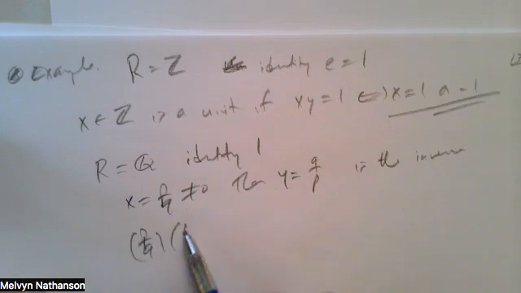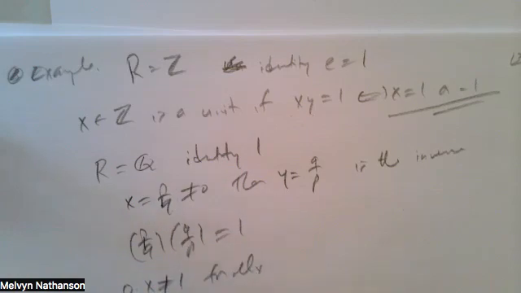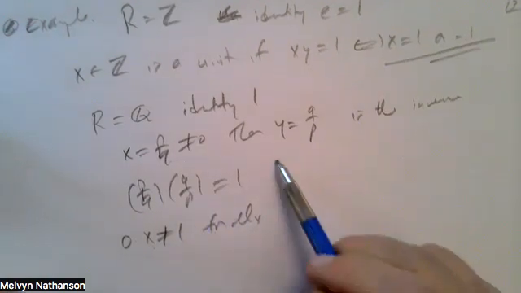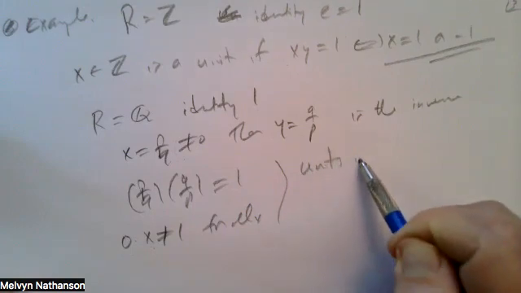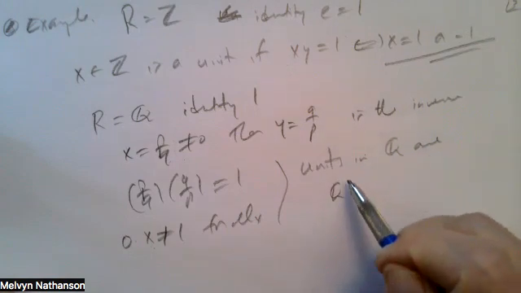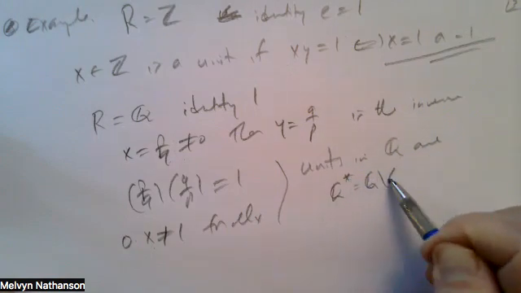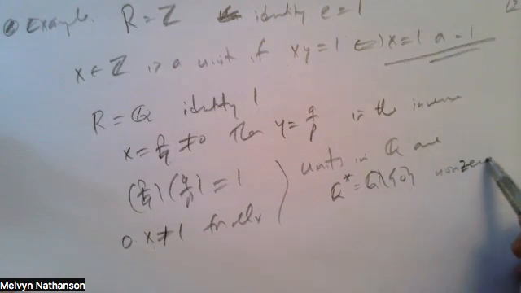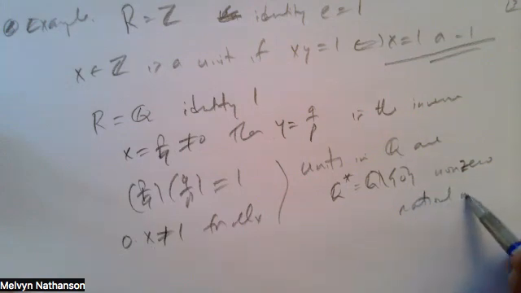So P over Q times Q over P is 1. But for X equals 0, 0 times anything is not equal to 1. You can't multiply 0 by anything and get 1. So the units in Q are all the non-zero numbers. Let's say Q star, which is Q with 0 removed. That is the non-zero rational numbers.